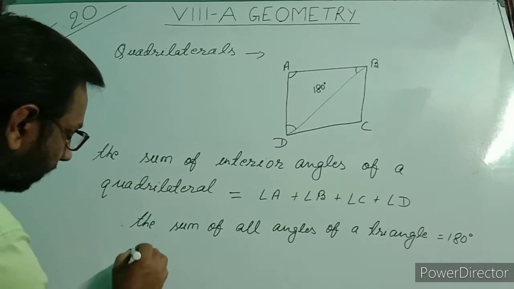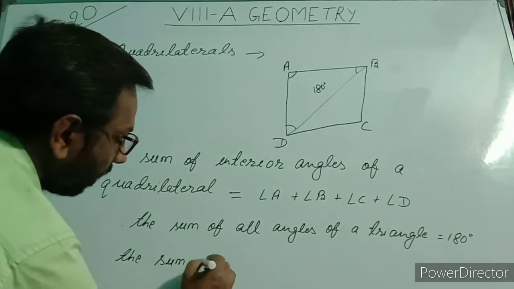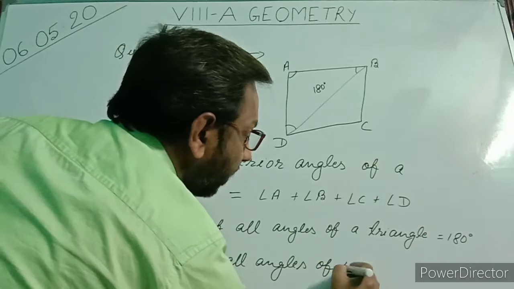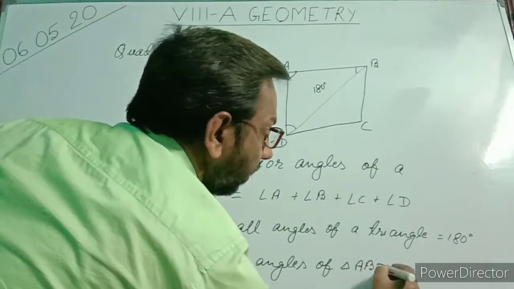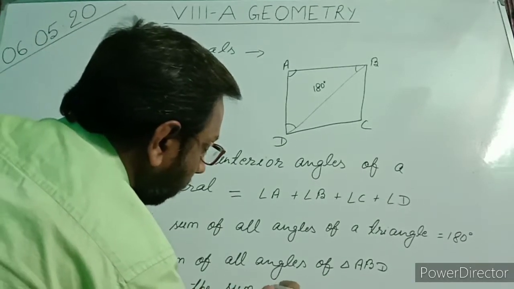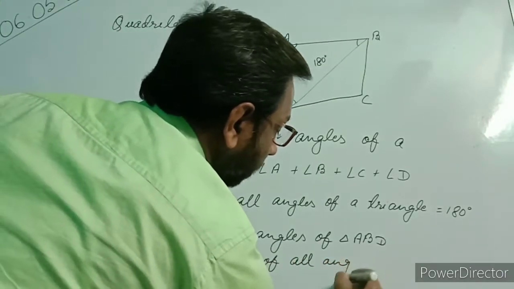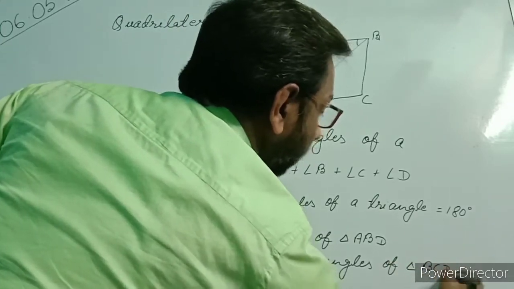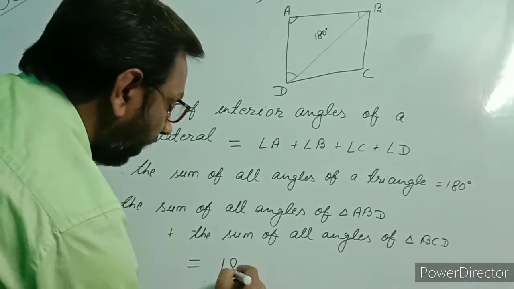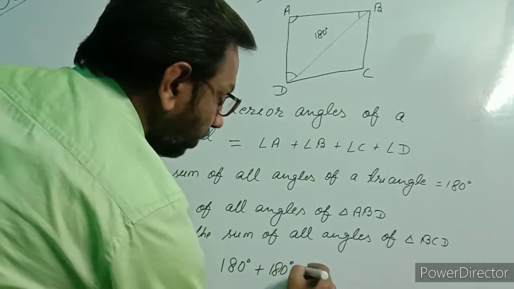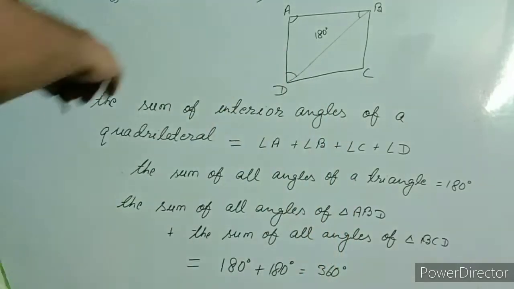So we can write the sum of all angles of triangle ABD plus the sum of all angles of triangle BCD is equal to 180 degree plus 180 degree, as the sum of all angles of a triangle will give you 180 degree. So this sum became 360 degree.